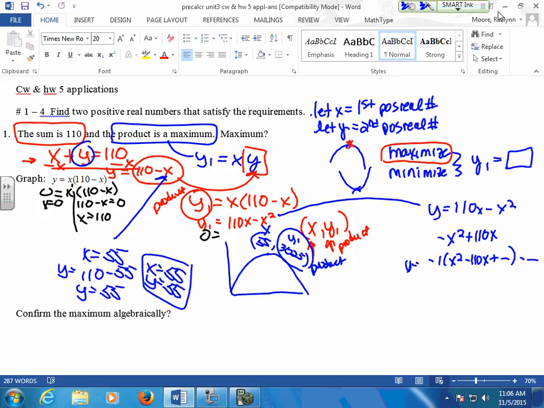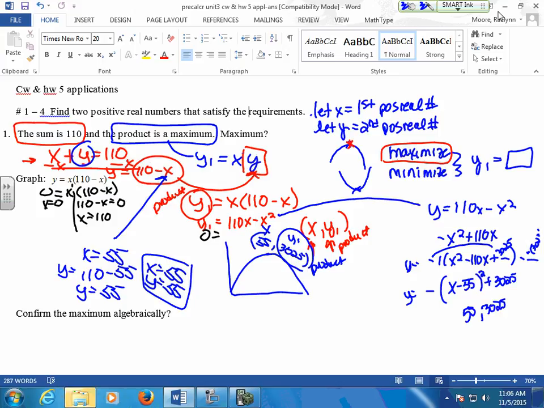So what's half of -110? 55. And what's 55 squared? 3,025. And bring it out of here by subtracting. Take the opposite. If I take the opposite, I'm adding it. There's my negative for my parabola turning down, and there's my vertex.